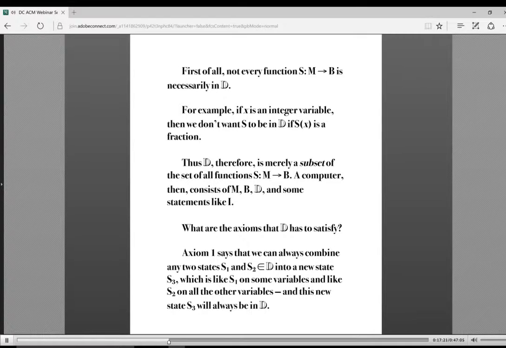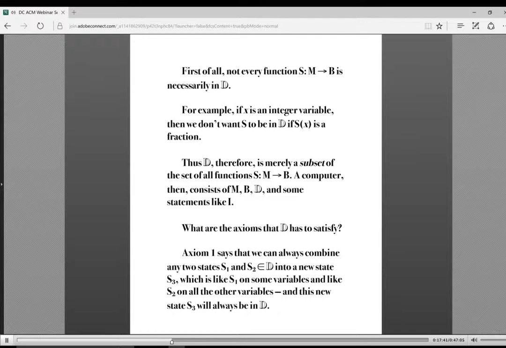What are the axioms that D has to satisfy? Axiom 1 says that we can always combine any two states, S1 and S2, in D, into a new state, S3, which is like S1 on some variables and like S2 on all the other variables.